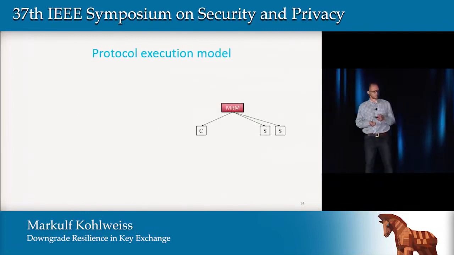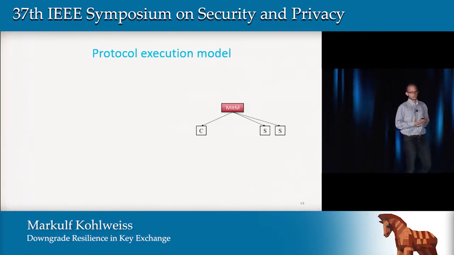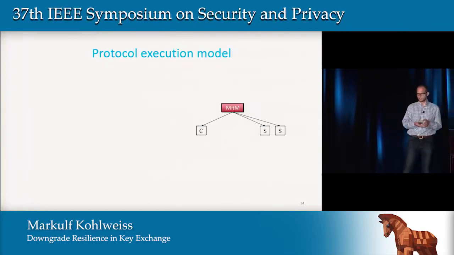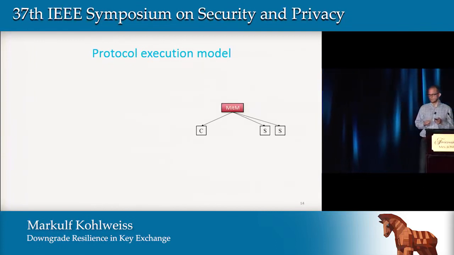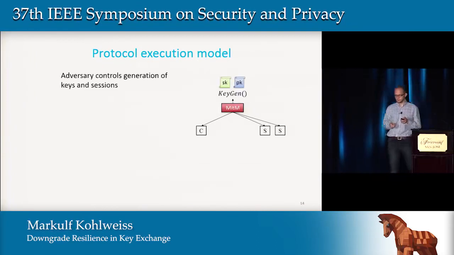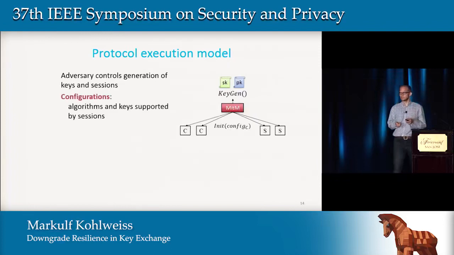This is a quick primer into key exchange models adapted to this more general attacker model. We have a man in the middle that creates long-term keys and protocol instances. When initializing protocol instances, he provides them with their configuration, so the attacker can adaptively choose what these parties are willing to negotiate.